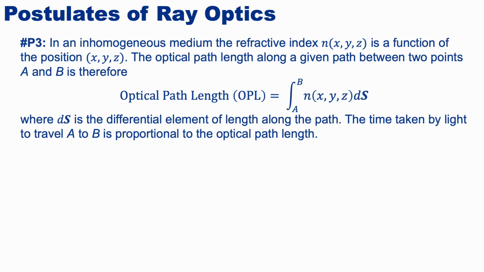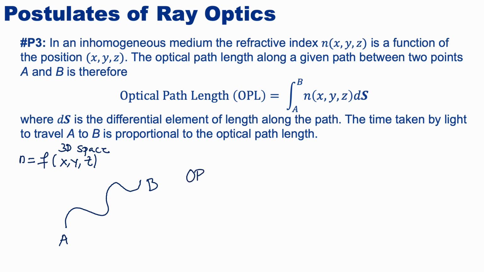The third postulate is about how light travels. In general, we assume that the refractive index is a function of 3D space, given here by rectangular coordinates. If we have a point A and light needs to travel from A to B, it can travel along this path, for example.